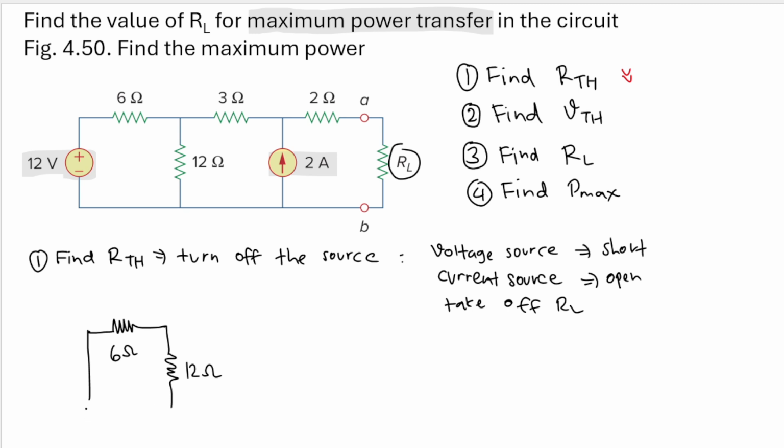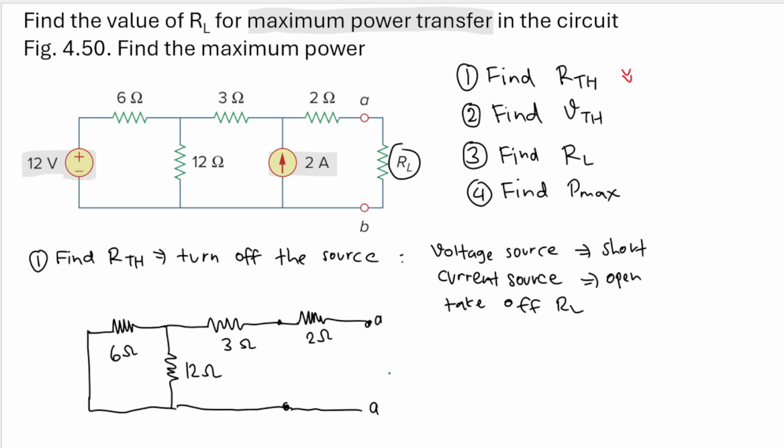Now we will have that 3 ohm resistor, and we replace this 2 ampere current source with an open circuit, so we don't have anything here. And finally we will have that 2 ohm resistor. This is terminal A and this is terminal B.